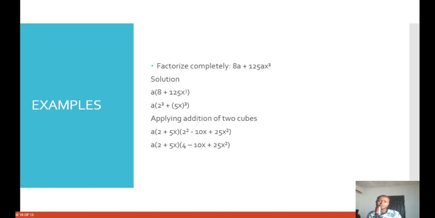We factor out a, because a is common to both terms, and we see where we can use the sum of two cubes. So you can see that we have been able to factorize the sum of two cubes, and this gives us a very definite answer.